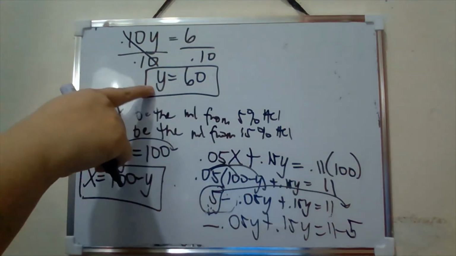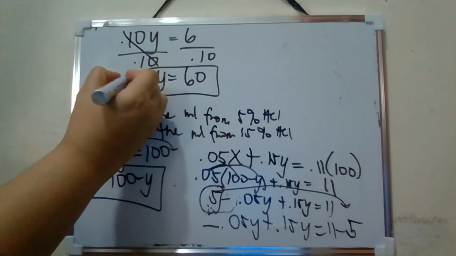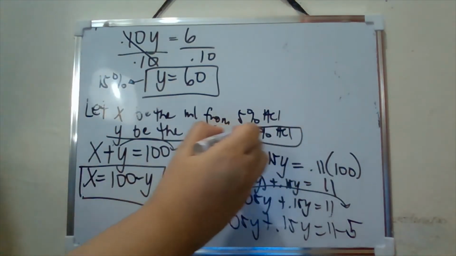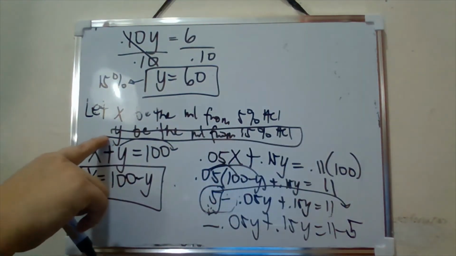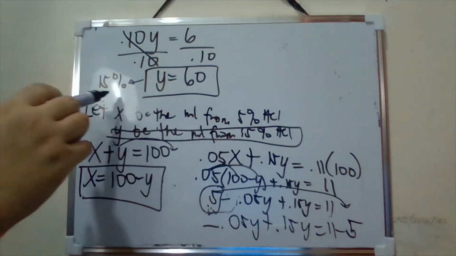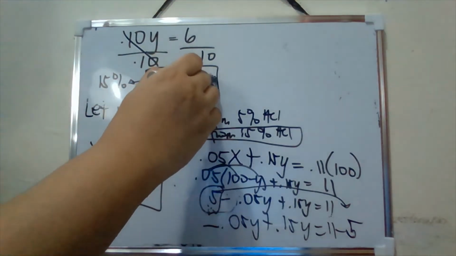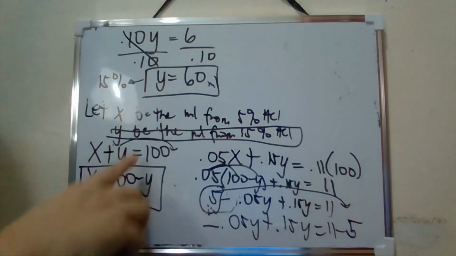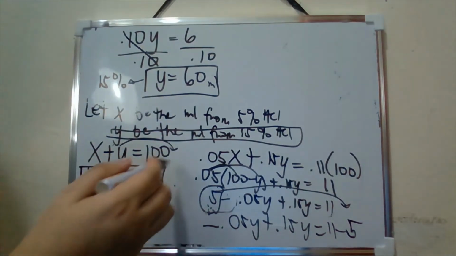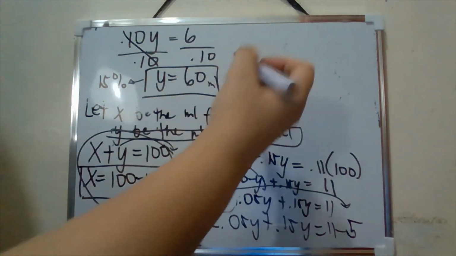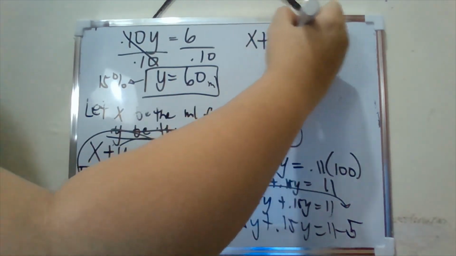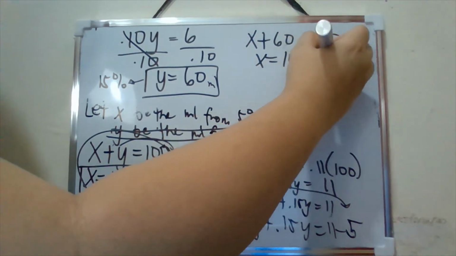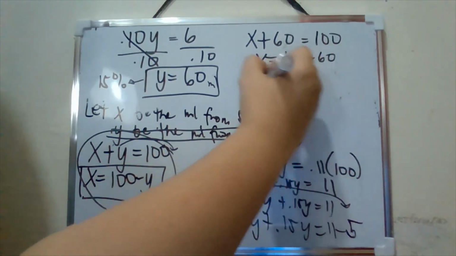Now that you have the 60 there, this one is the 15%. Remember, let Y be the 15%. So we get 60 milliliters from that 15%. Now that we have the value of Y, we answer this one: X plus 60 equals 100, so X equals 100 minus 60, then X equals 40.